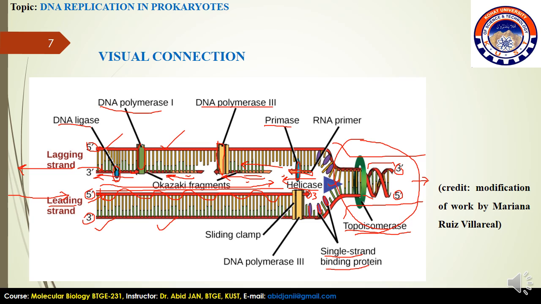And the synthesis of this lagging strand occurs in fragments known as Okazaki fragments, each requiring a primer to start the synthesis. New primer segments are laid down in the direction of the replication fork, but each pointing away from it.